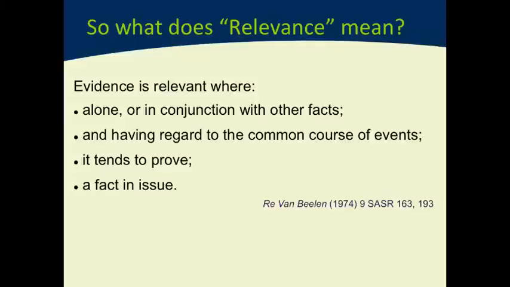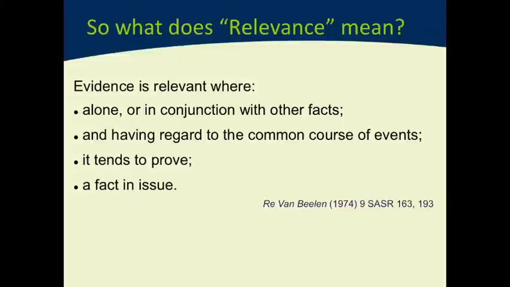In this case, both sides agree that there was sexual penetration. What they don't agree on is whether there was consent. So in this case, sexual penetration is not a fact in issue. It's not something that the parties are arguing about. So evidence that simply goes to show that the accused had sex with the alleged victim is not going to be relevant because it doesn't prove a fact in issue.